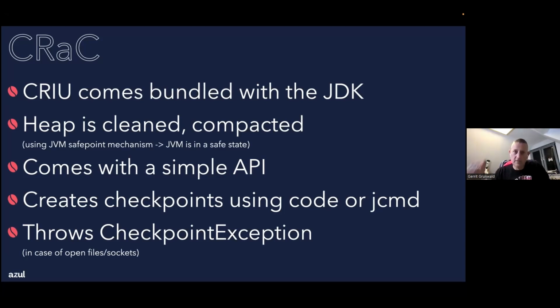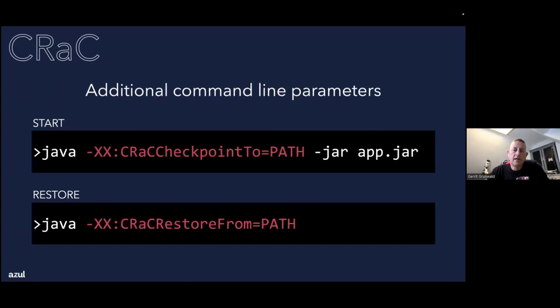It will tell you there was a problem when we created the checkpoint, there was still a resource open, for example. So to make all that possible, we added two command line parameters to the JVM, which is -XX:CRaCCheckpointTo, and then you give as a parameter a folder name. Right? And the idea is that once you start your application, you pass this folder to the JVM.